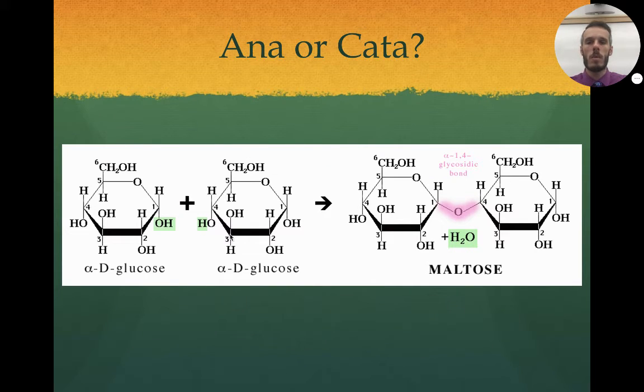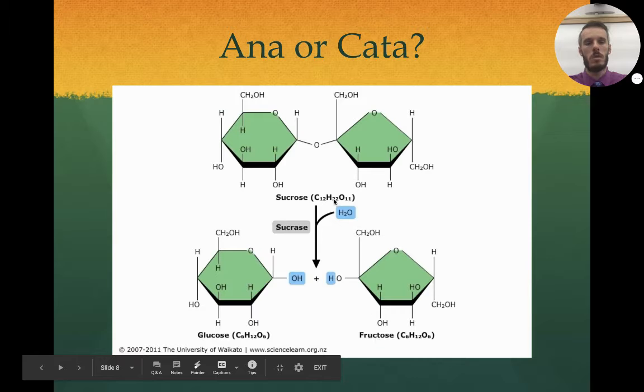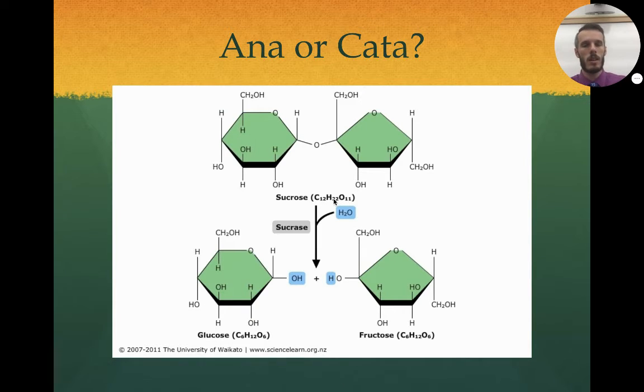Here we have two monosaccharides that are being bonded together to form maltose, so two glucose. Here we have sucrose, and water is being inputted, and the enzyme known as sucrase is breaking it down into two monosaccharides, glucose and fructose. So is this anabolic or catabolic?